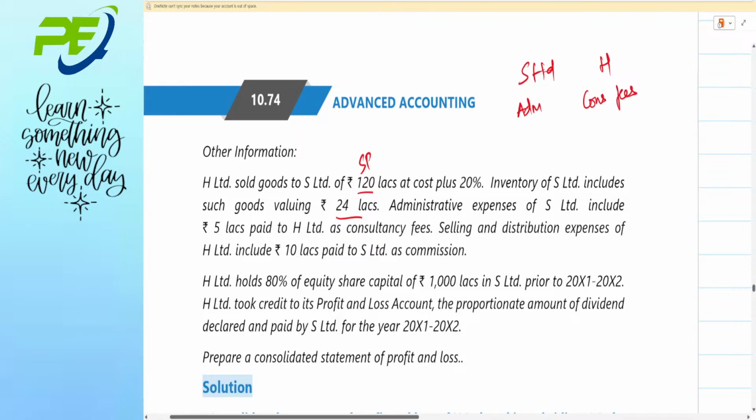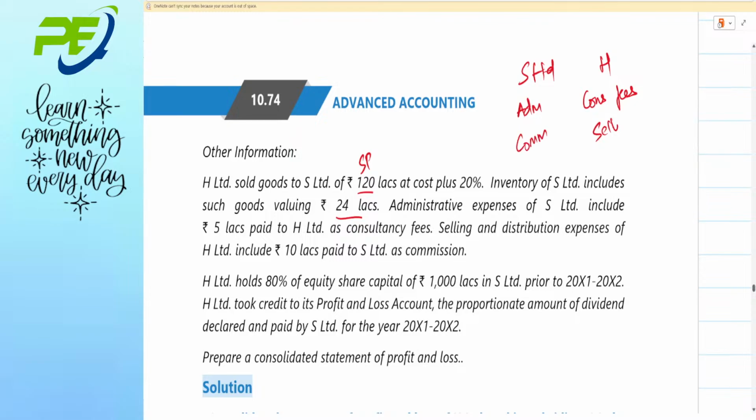Selling and distribution expenses of H Limited includes 10 lakh paid as commission. Sorry, for holding, it is selling and distribution. For subsidiary, it is commission.